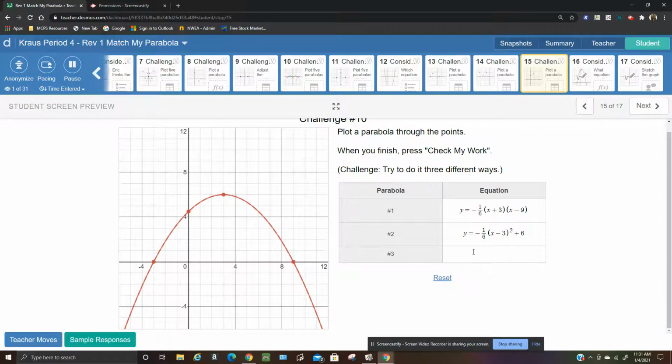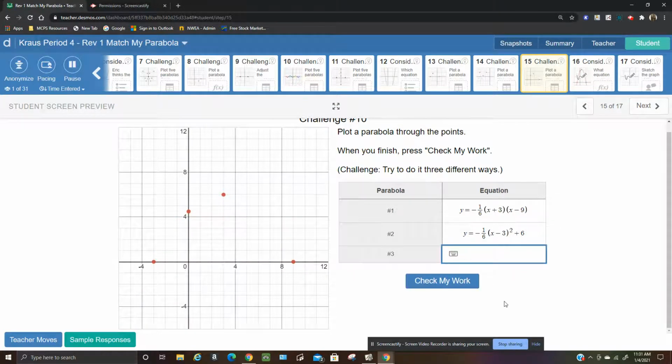And then the last one would just be multiplying everything together. So -1/6 x squared.